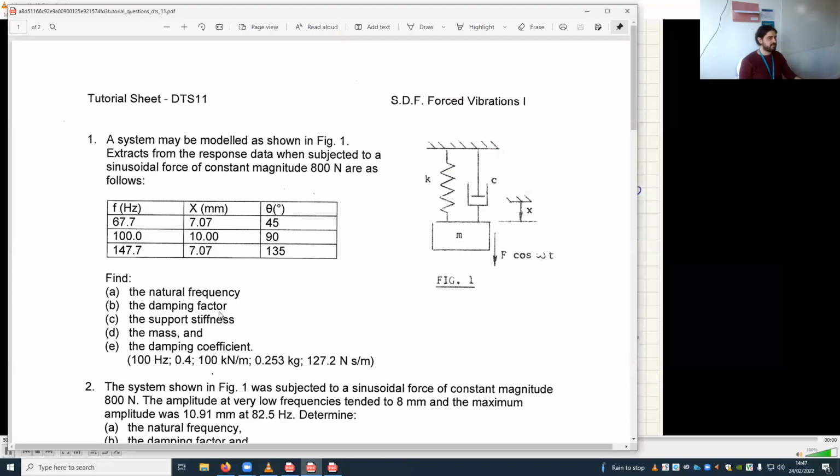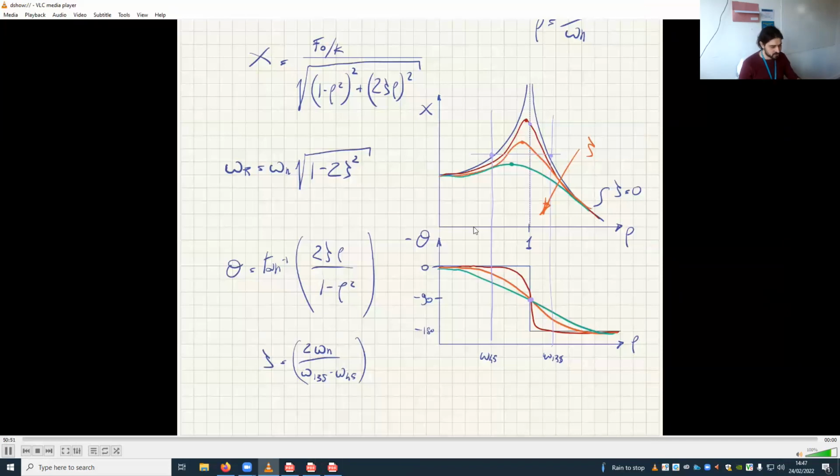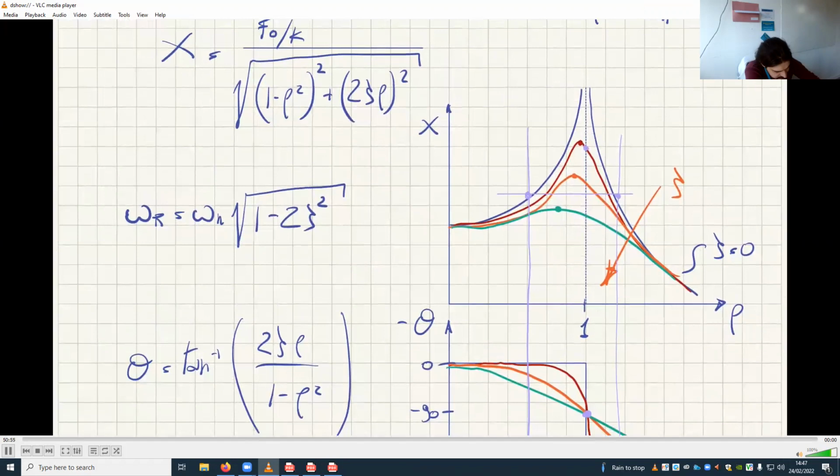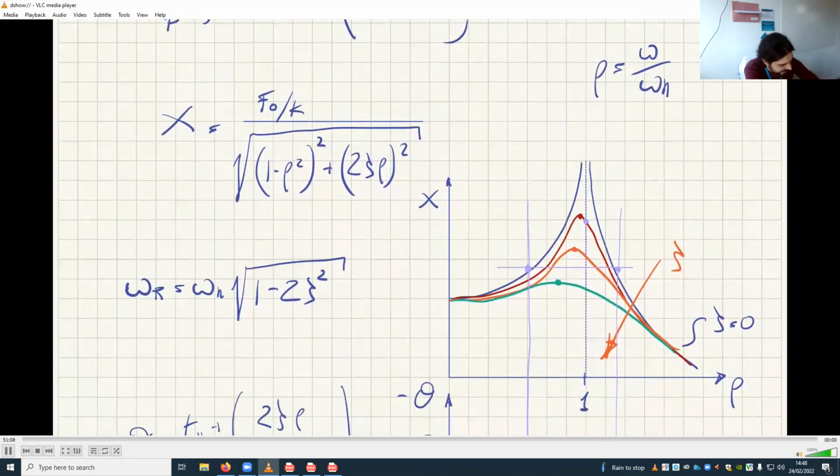Well, once you know the damping factor, then you can find the support stiffness. What I didn't tell you here is what happens if rho is 0? When rho is 0, all of these curves converge, and they converge because there's no dynamics anymore. That's statics. So if this is x, this is the static x.